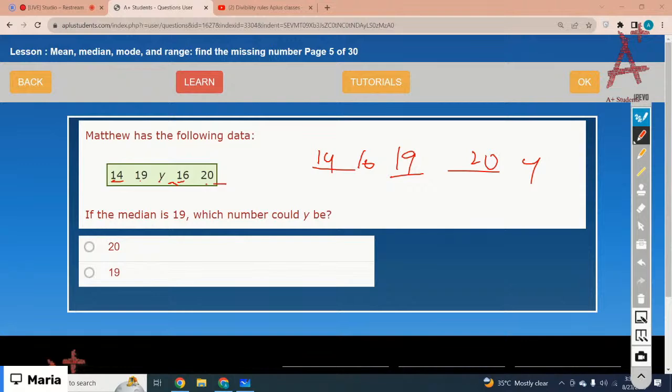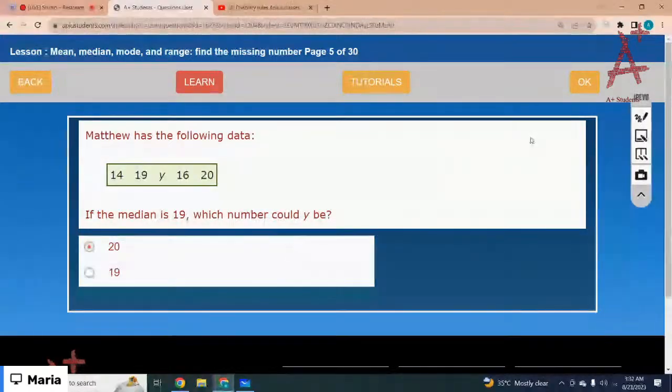So which is the correct option? It could be either 19 or 20. Doesn't matter, right?